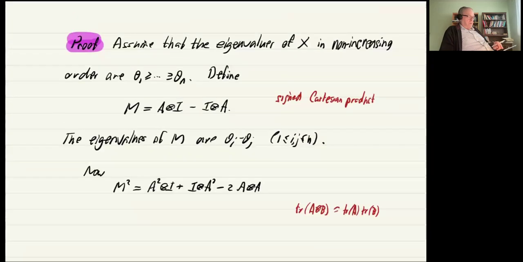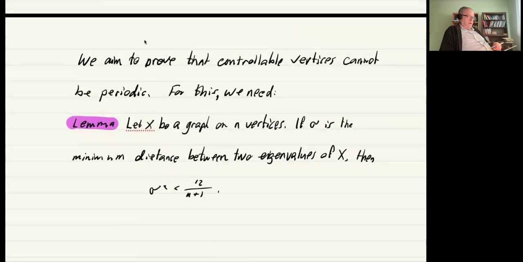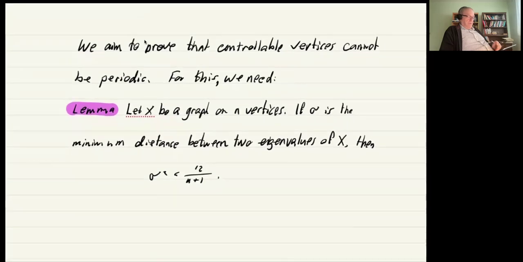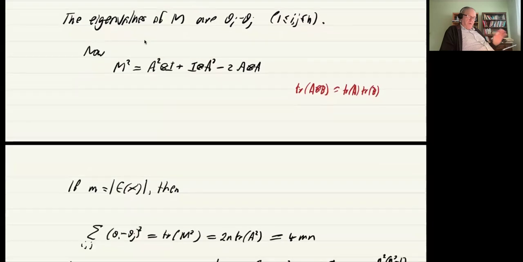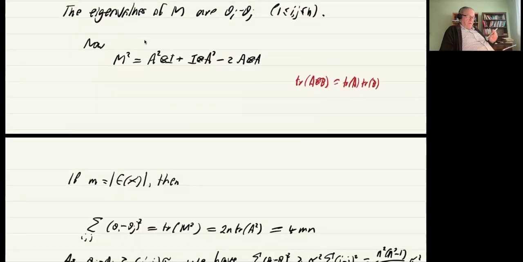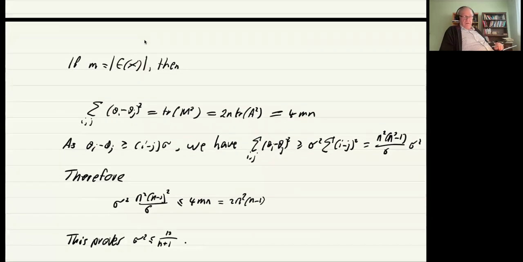I probably should have excluded that. Let's write it in here, just so it's in the notes. Okay, so that proves the bound, so that sigma squared is less than 12 over n plus 1. And so that's the theorem about distances between eigenvalues.